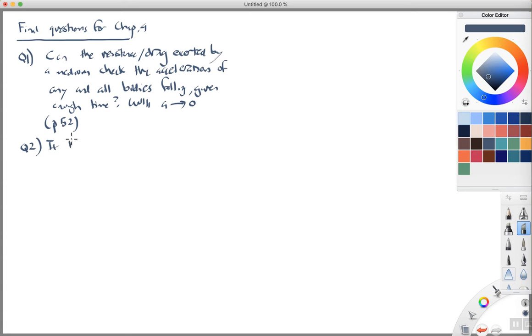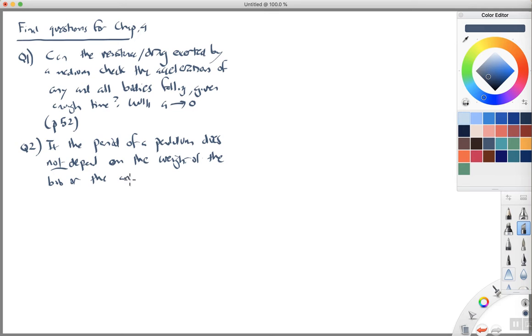If the period of a pendulum does not depend on the weight of the bob or the angle through which you pull it back and release it, remember, these two points were things that Galileo is arguing for, right?